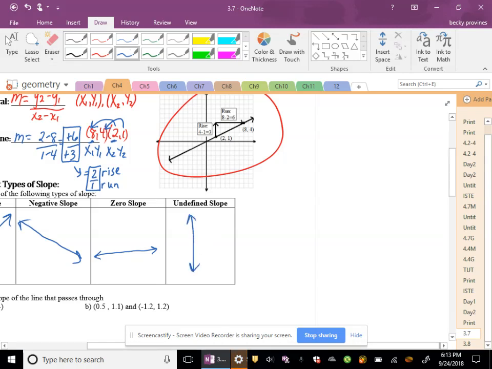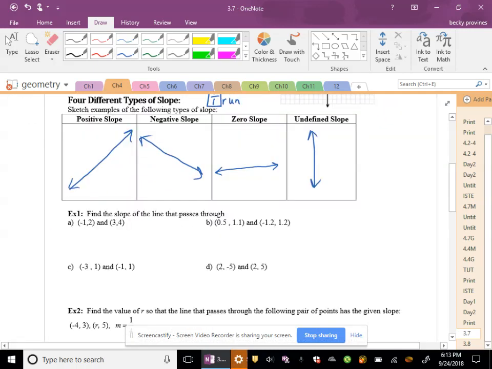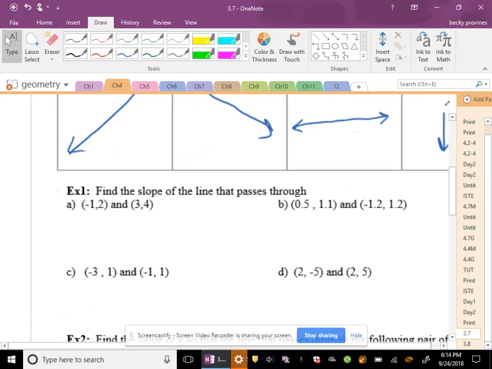Okay, undefined slope is when you go straight up and down. So let's practice this. We have some slopes and let's subtract. x1, y1, x2, y2. It's the change in y over the change in x. So we're going to subtract the y's first.